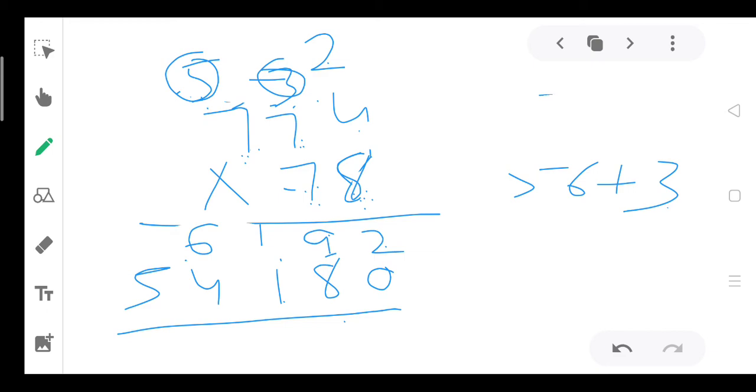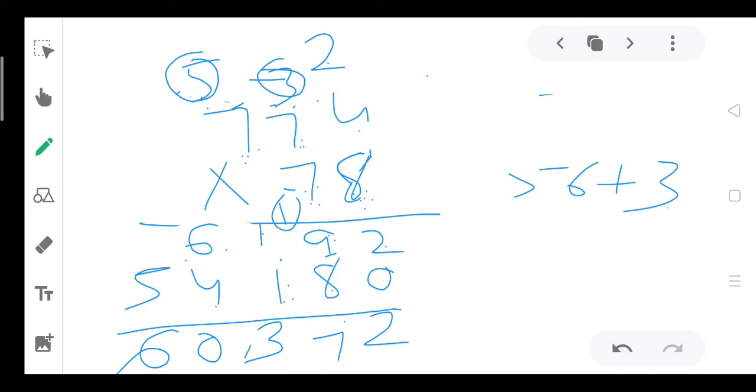See children, 2 plus 0, it is 2. 9 plus 8, 17, 1 goes as a carry, 1 plus 1 is 2 and 1, 3, 6 plus 4, 10, 0 here, 5 and 1, 6. So this is our answer.